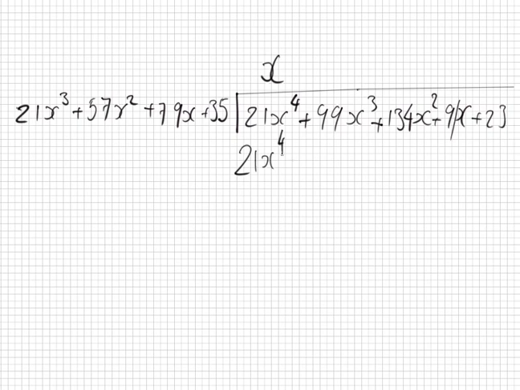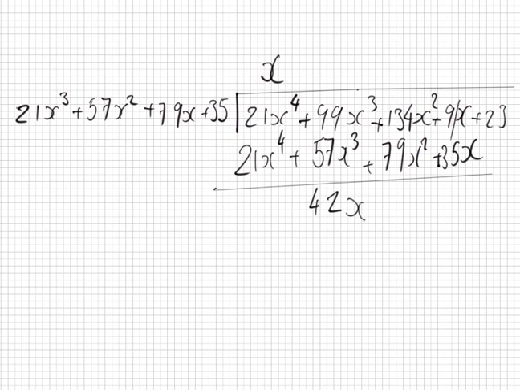So I'll get 21x^4 plus 57x cubed plus 79x squared plus 35x, and subtract. 99 minus 57 is 42x cubed. 134 minus 79 is 55x squared.